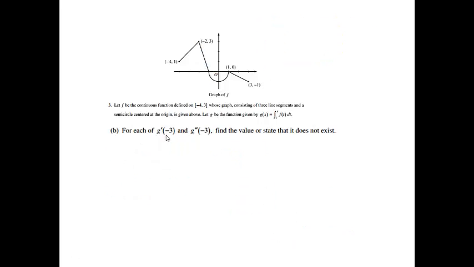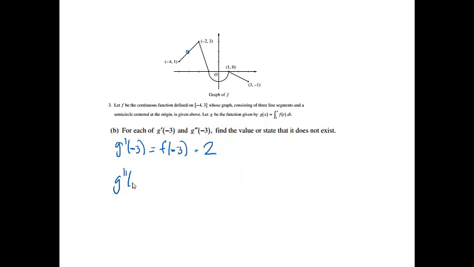For each of g prime of -3 and g double prime of -3, find the value or state that it does not exist. So g prime of -3, I wrote on my previous page that g prime is equal to f of -3. So all I need to do is look up the f graph at -3. Once again, they did not give it to me, but since -3 is halfway in between -4 and -2, 2 is going to be halfway in between 1 and 3. So this value will be 2.